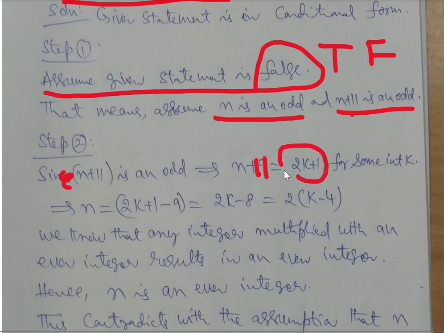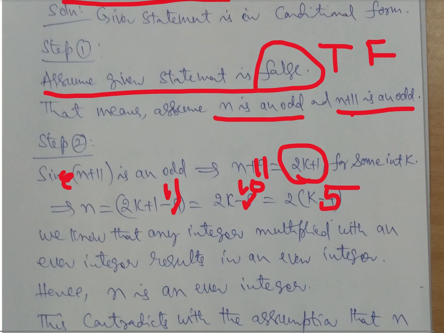Since it is an odd number, it can mathematically be written as 2k plus 1. Now with this, n is equal to 2k plus 1 minus 11. Small correction, here minus 11 plus 1 is minus 10. So this becomes 2 into k minus 5.